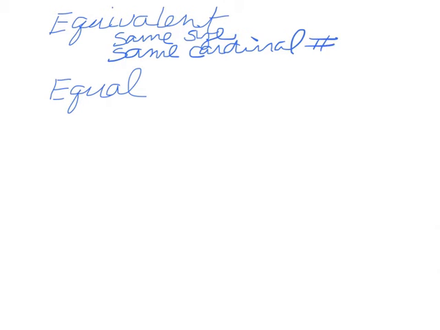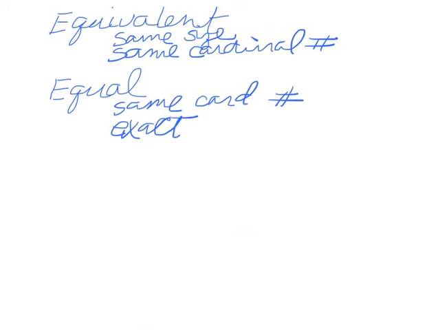Okay? Equal sets, not only do they have the same cardinal number, they're the same size, but they have the exact same elements. Every element in one set is an element in the other.